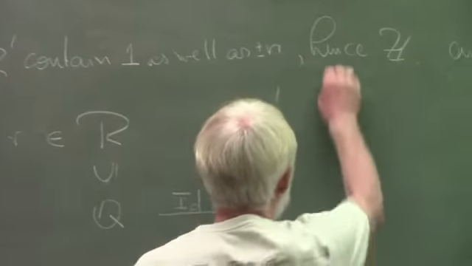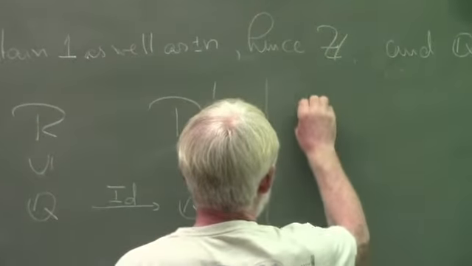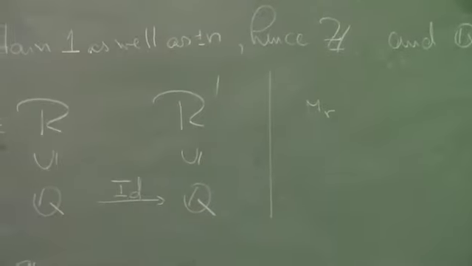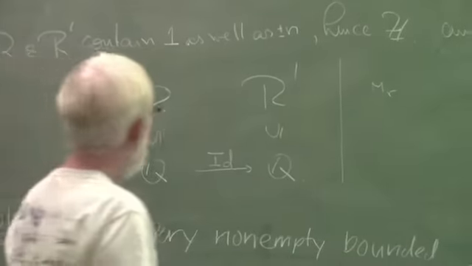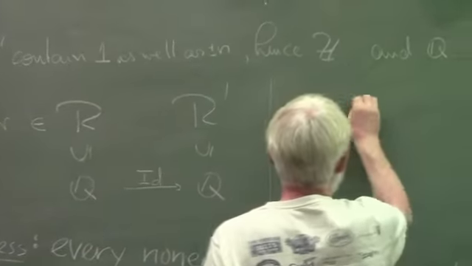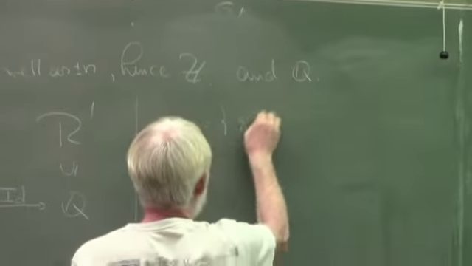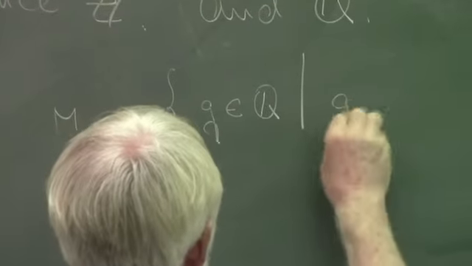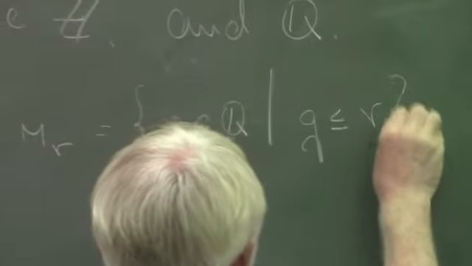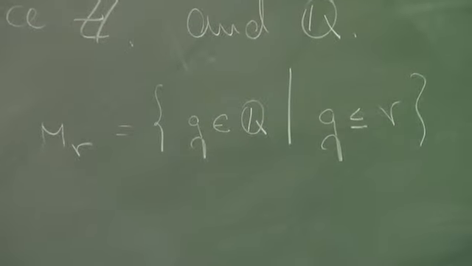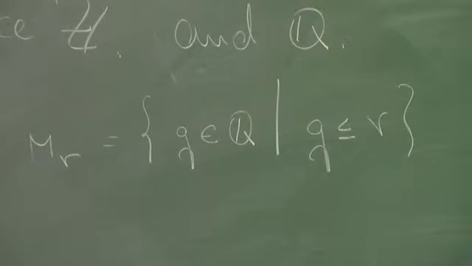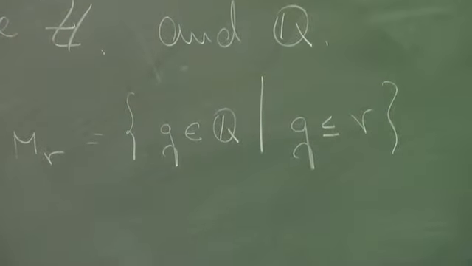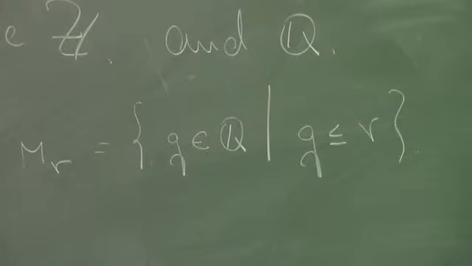So, let's say, M_R is the set of Q, so the Q is smaller or equal to R. So look at all rational numbers that are less than R. Okay.